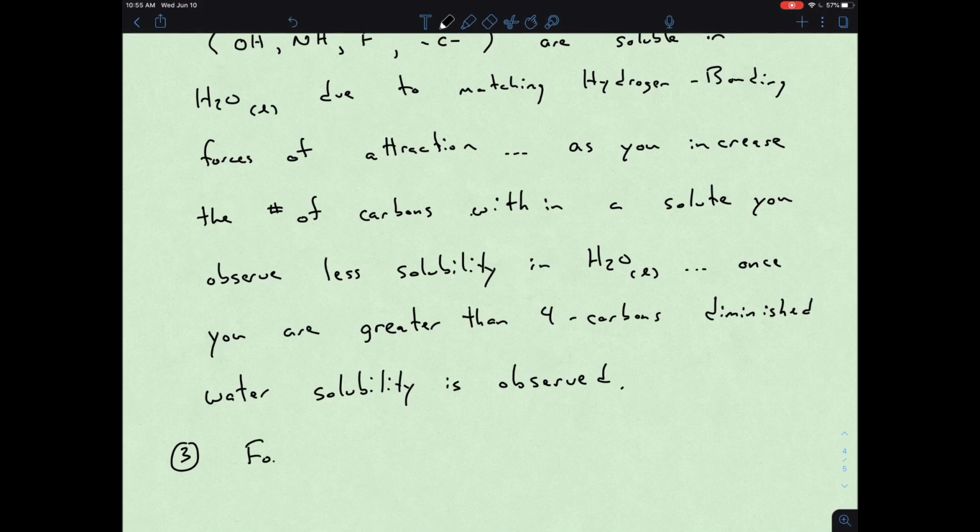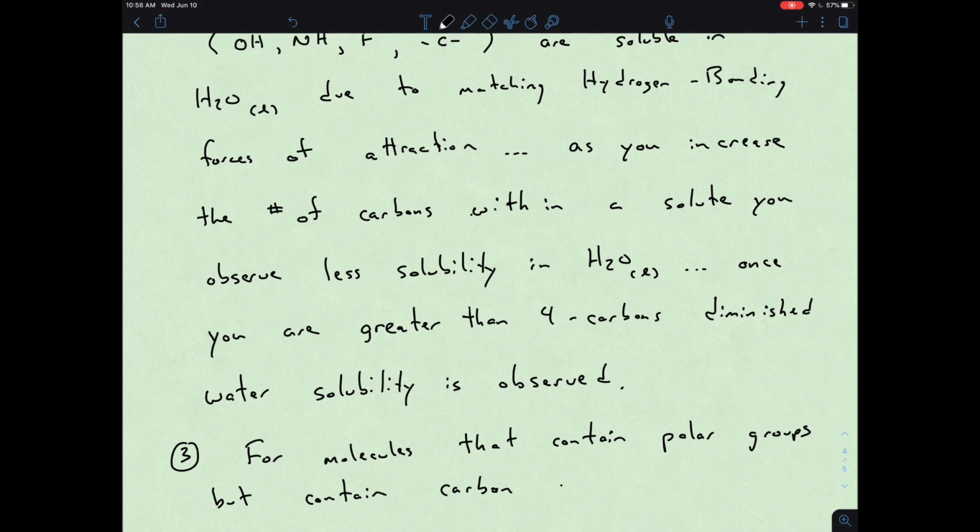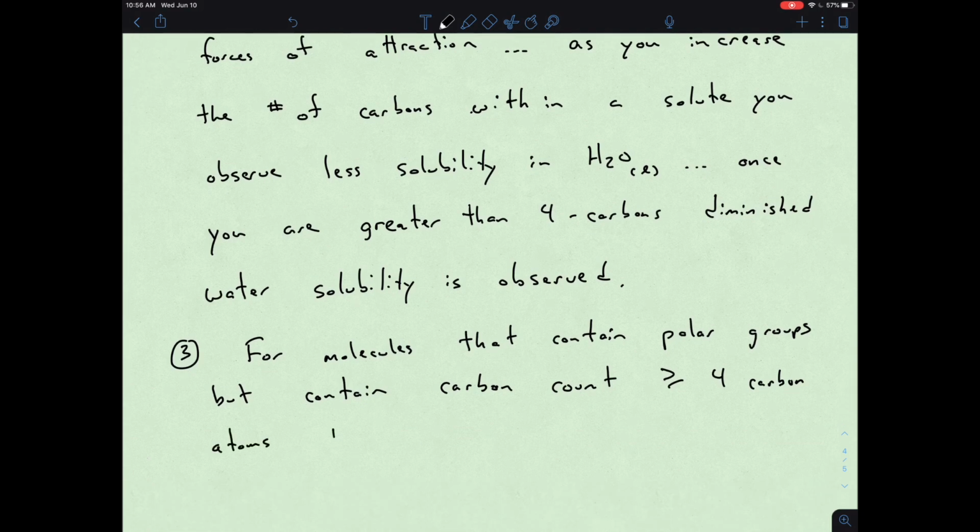For molecules that contain polar groups but contain a carbon count greater than or equal to 4, then a polar molecular solvent is preferred.